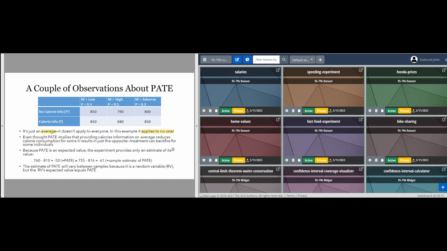The PATE itself is an average. So given that we've got 600, 650 people in our study, it's very unlikely that any one individual experienced exactly this treatment effect.